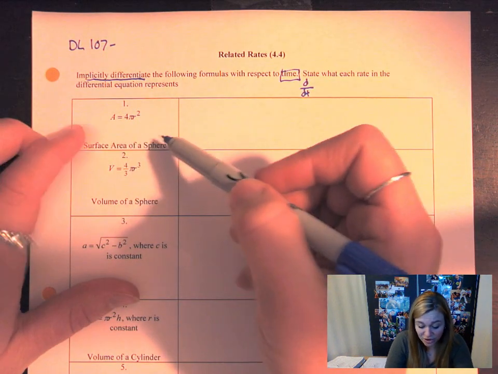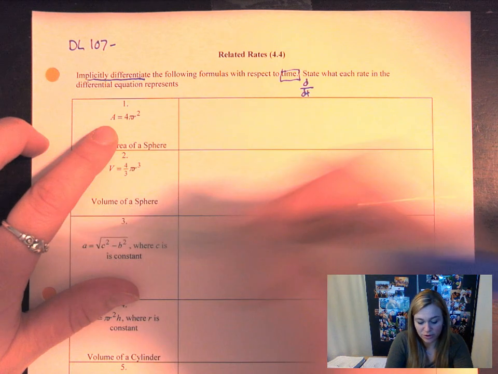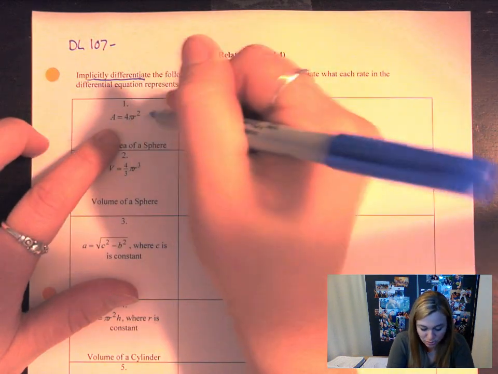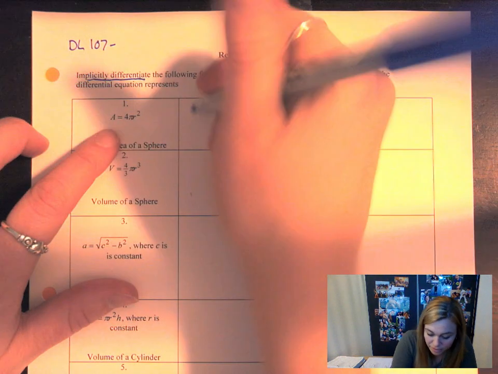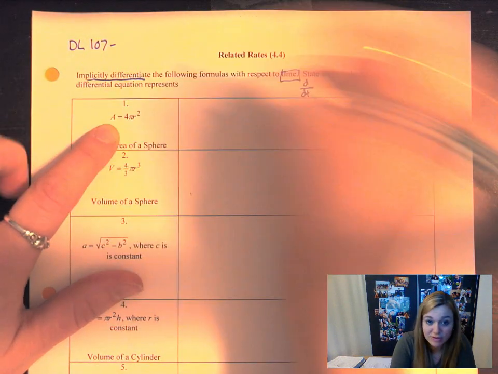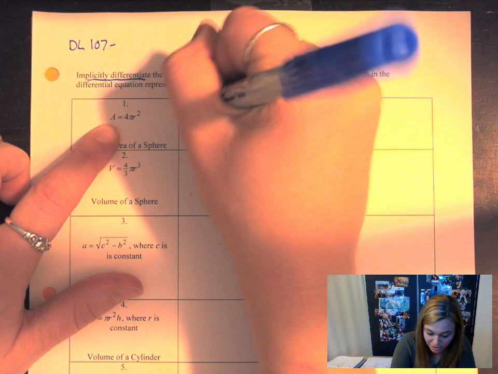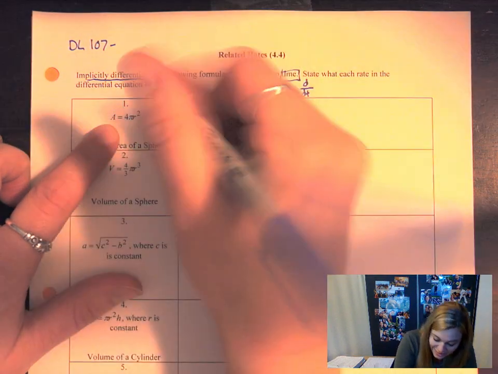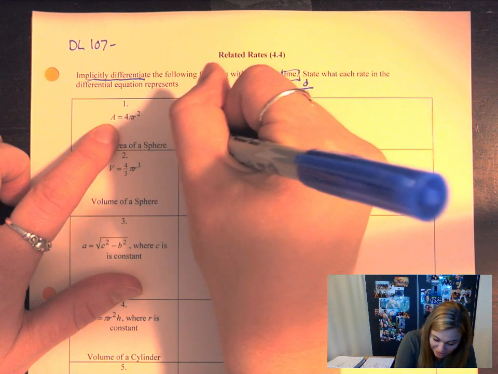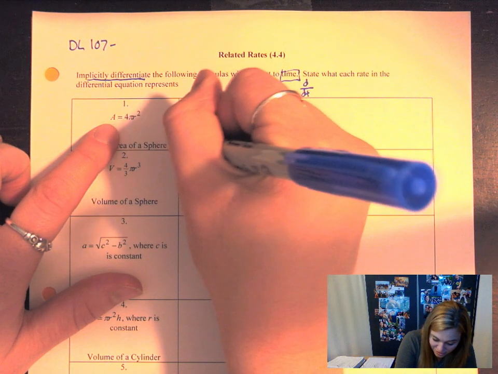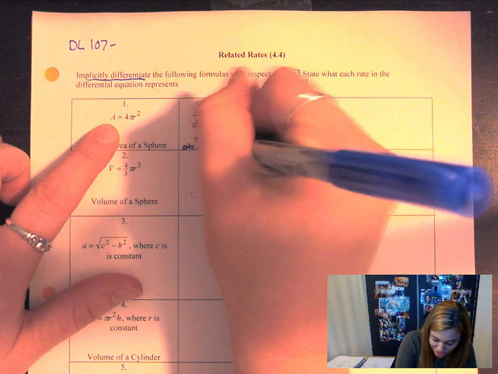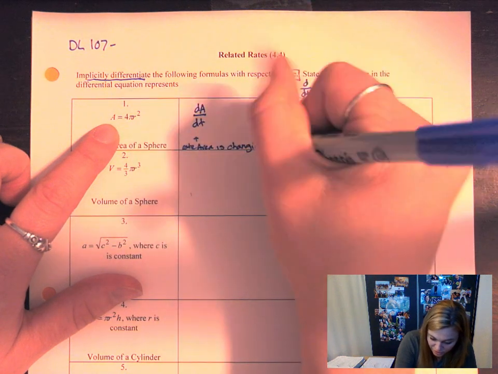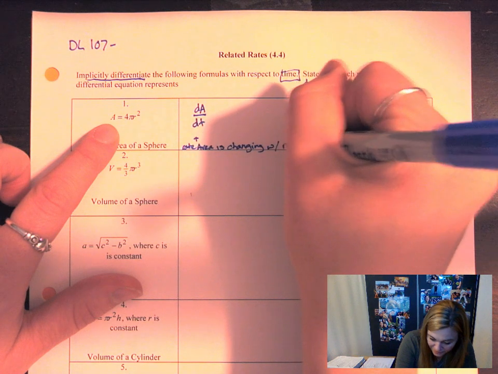Area of a sphere, so surface area of a sphere, the outside of a sphere like a ball, is A equals 4 pi r squared. And so in this, I'm going to say the derivative of A is dA/dt. So dA/dt is the rate the area is changing with respect to time.